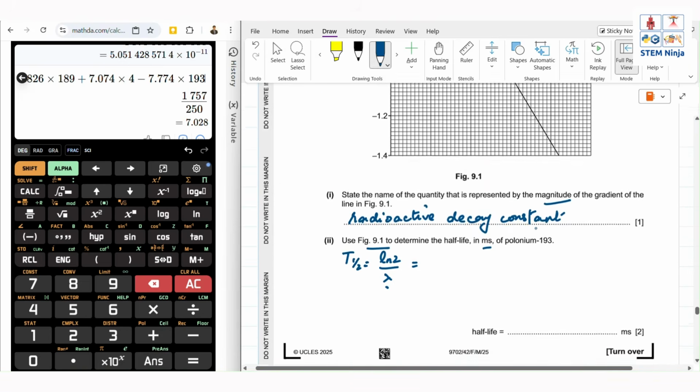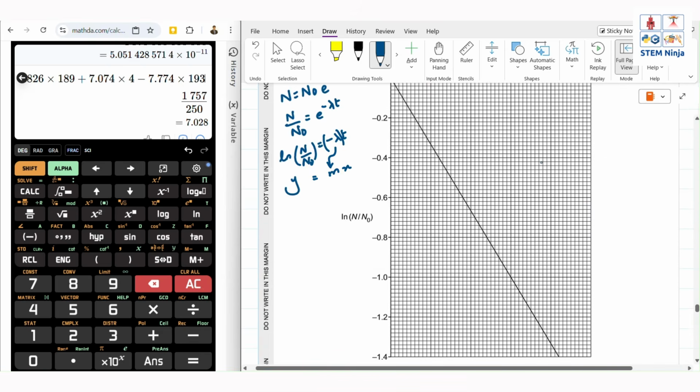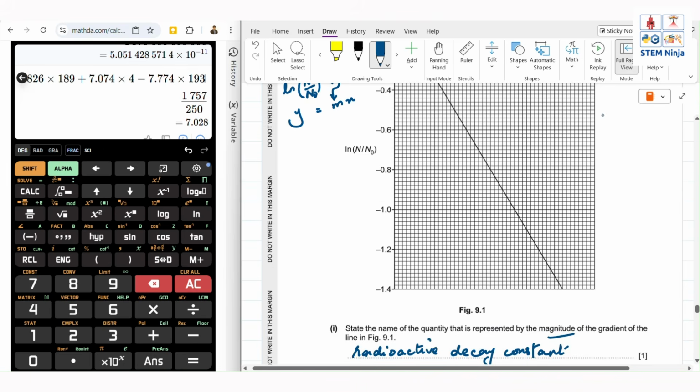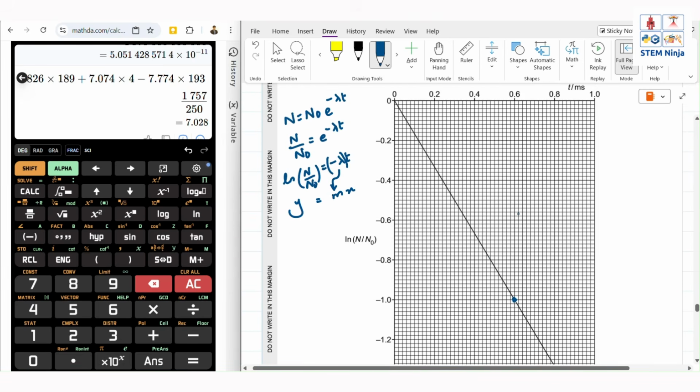So negative lambda is equal to the gradient. Let's choose the points 0, 0 and the other one, 0.6 and minus 1.